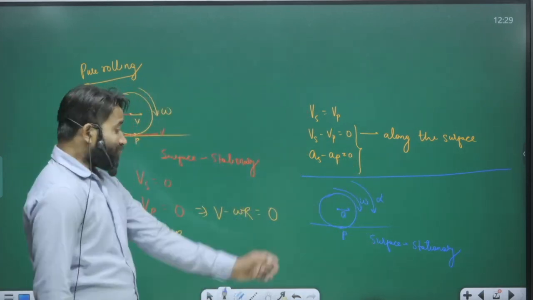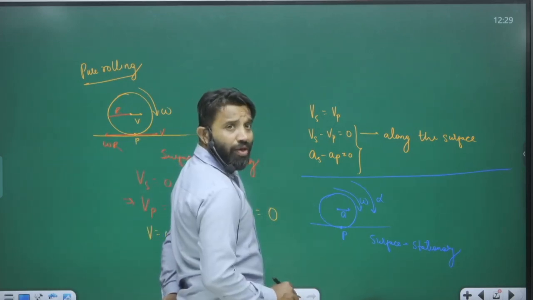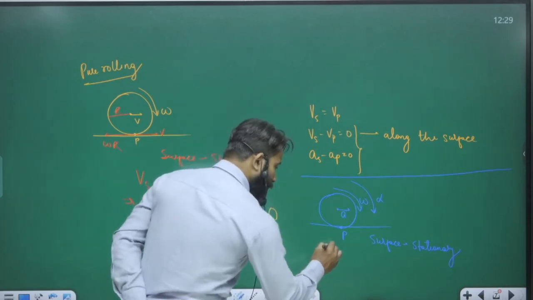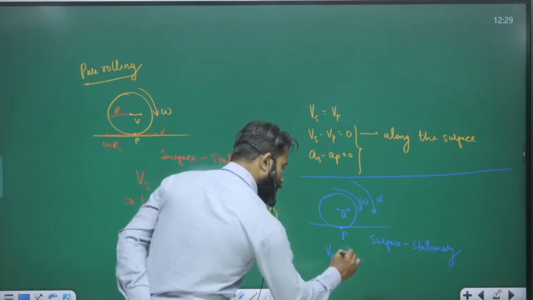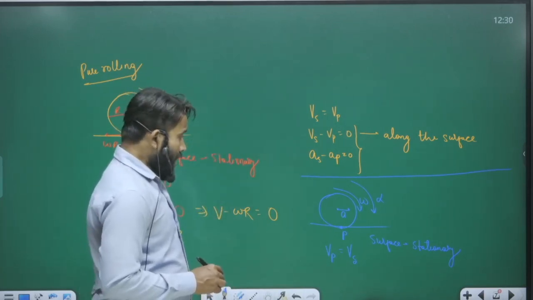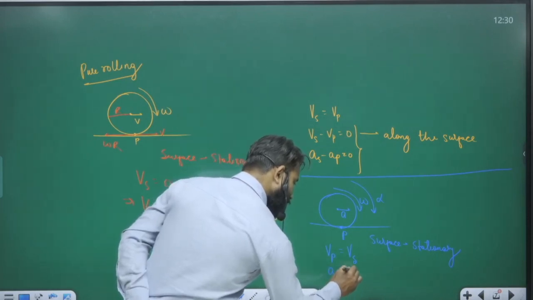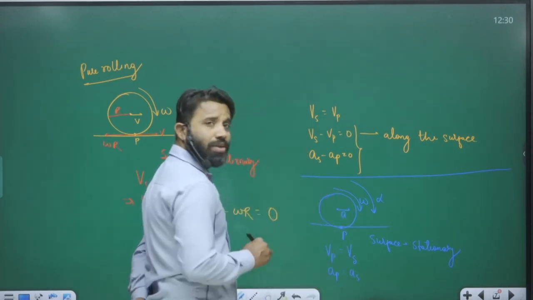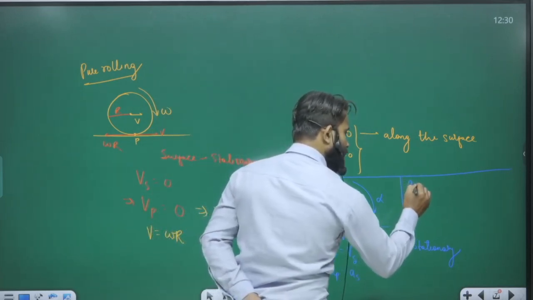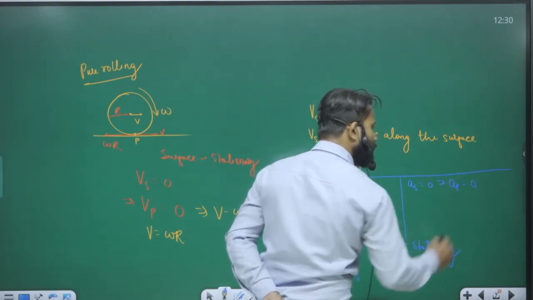Now again, if we want pure rolling, then velocity of point P should be equal to velocity of surface. Am I right? Again, acceleration of point P should be equal to acceleration of surface. As acceleration of surface is equal to 0, the acceleration of point P must be equal to 0.